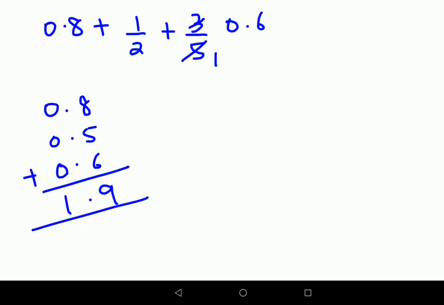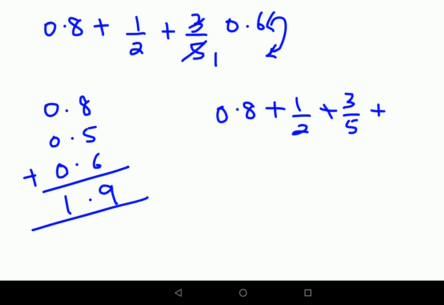This is absolutely fine if you know how to do this kind of decimal division properly. Now please understand when this method doesn't work, I'll tell you when. Imagine if you had 0.8 plus 1 upon 2 plus 3 upon 5 plus, let's say, 2 upon 3.